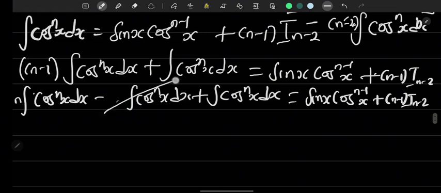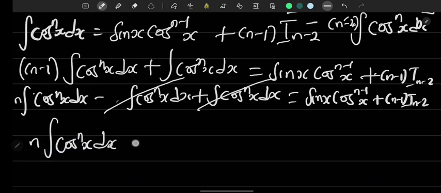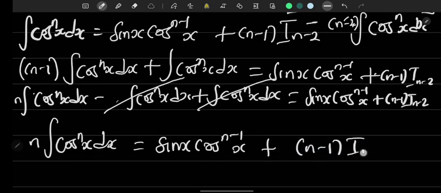Of course, this is going to cancel this, so you'll be left with n times the integral of cos^n x dx equals sine x cos^(n-1) x plus n minus 1 I_(n-2).